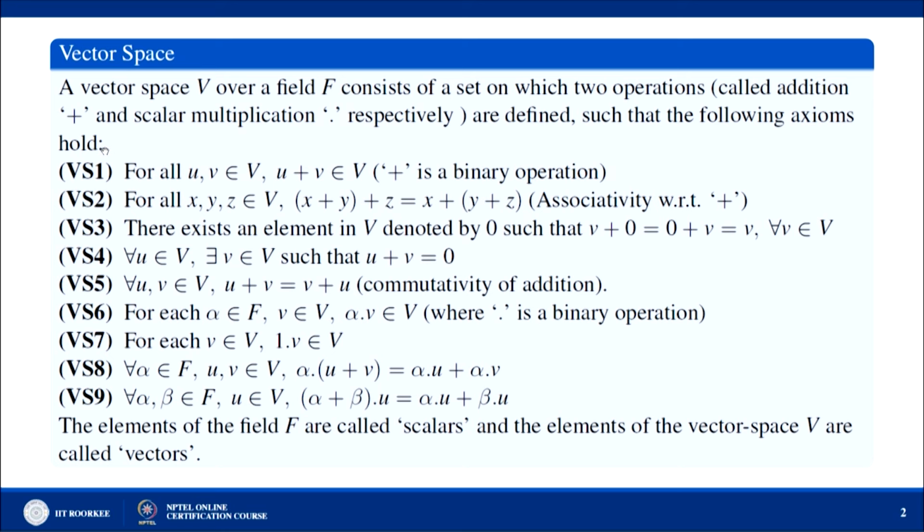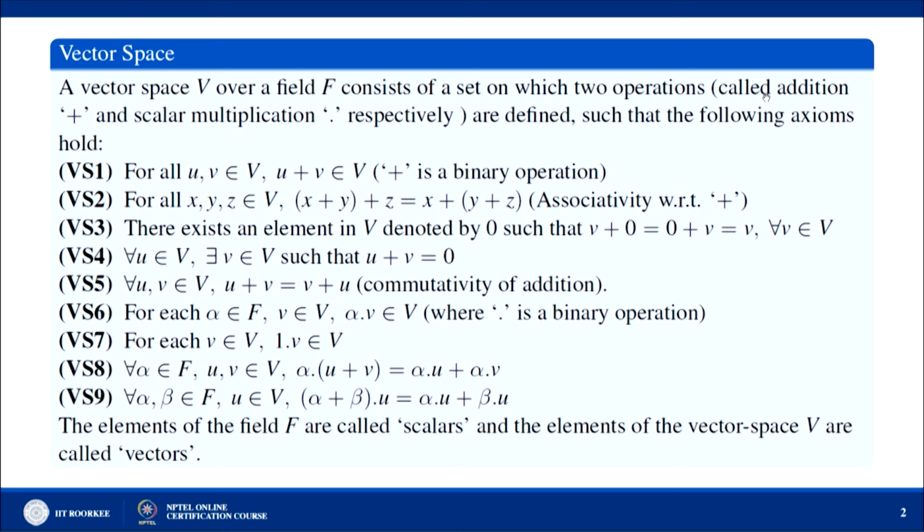So, what are the axioms? The first axiom is: you take any u, v in V, then u plus v also belongs to V. That means this addition is a binary operation, that means it satisfies the closure property.